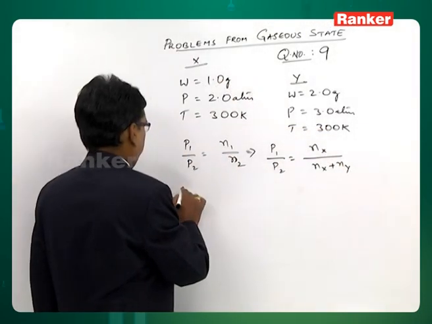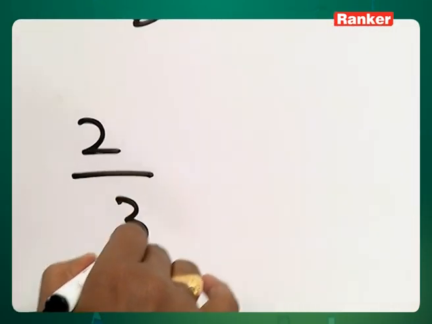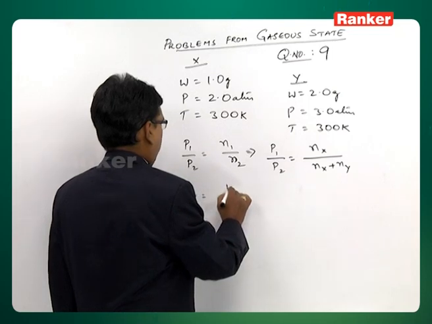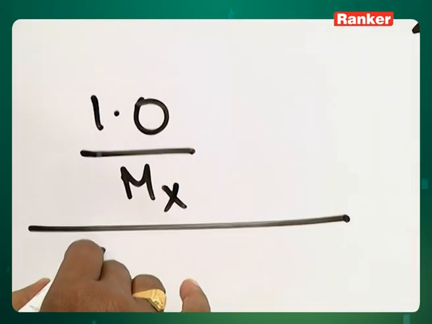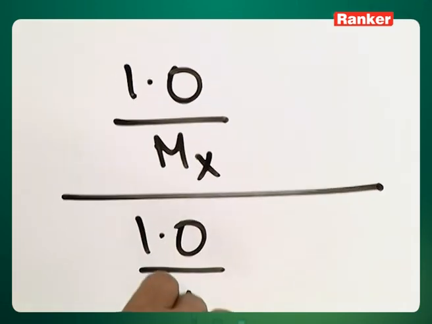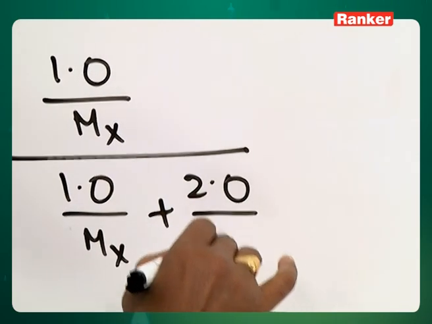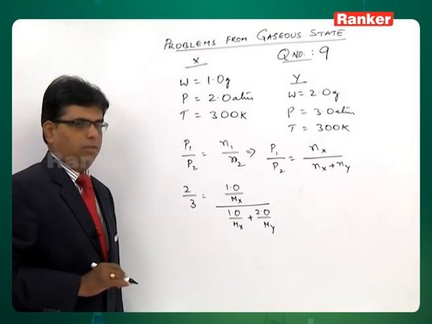So, P1 by P2, that is 2 by 3, is equal to number of moles of gas X, that is 1 by molecular weight of X, divided by 1 by molecular weight of X plus 2 by molecular weight of Y. This is the relation we have to write.